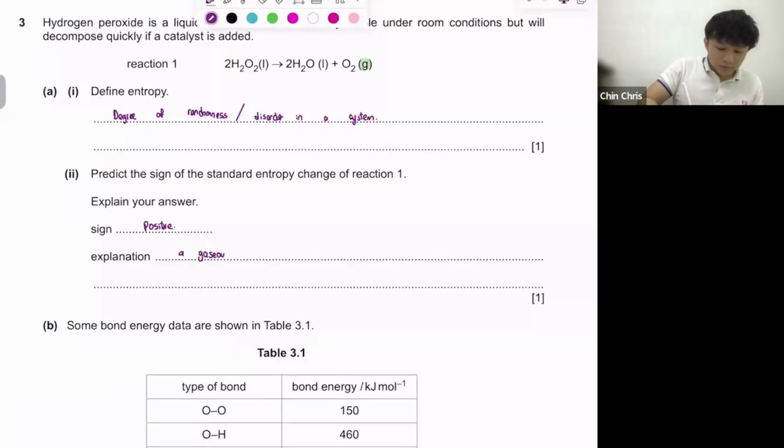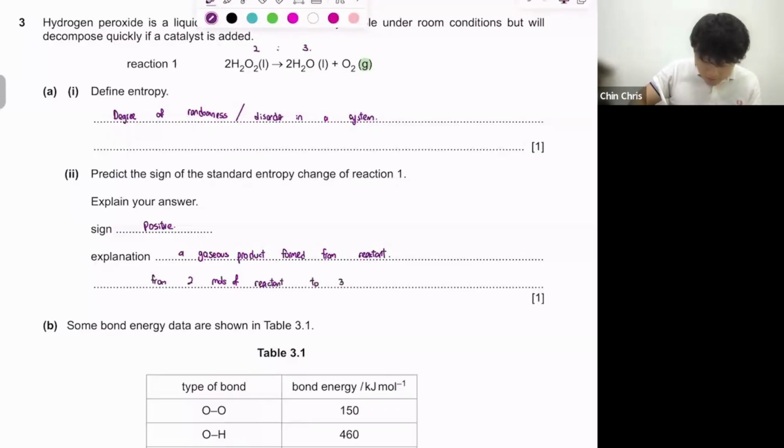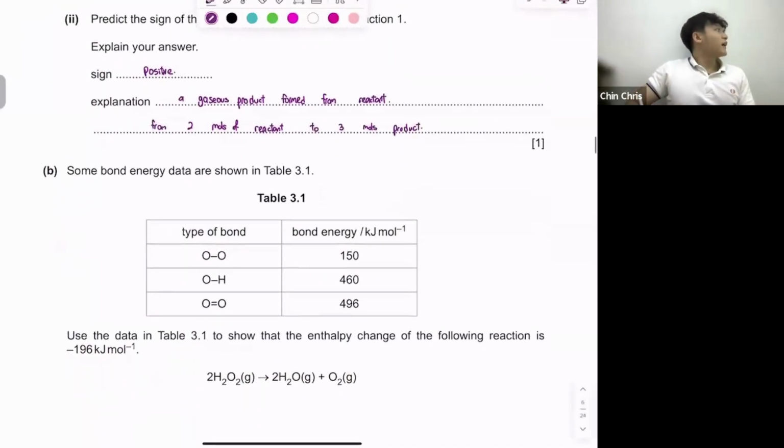What else? There's two factors affecting the moles, right? So do you see that from 2 moles to 3 moles, right? Done. Easy.